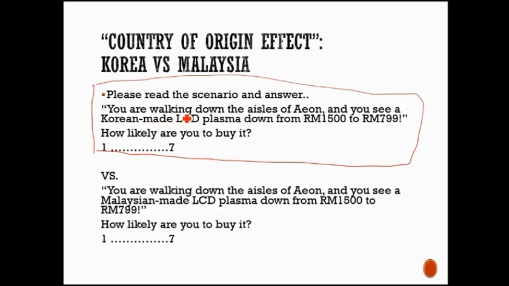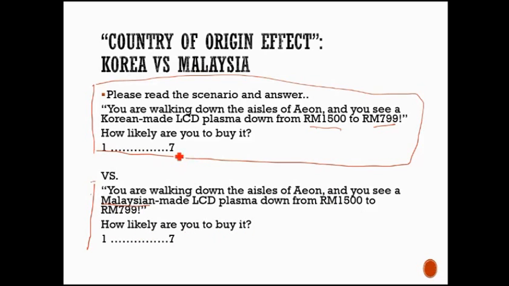And this questionnaire reads: you are walking down the aisles of Aeon and you see a Korean-made LCD plasma TV, price down from 1500 to 799. How likely are you to buy it? And then you give another 30 people a different scenario, only this one, instead of Korean-made, is Malaysian-made. Everything else stays the same, and then you measure how likely you are to buy it.